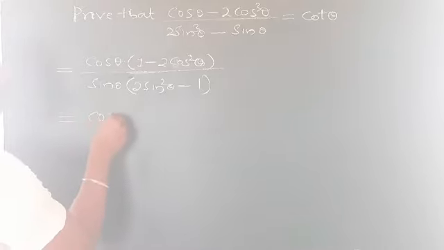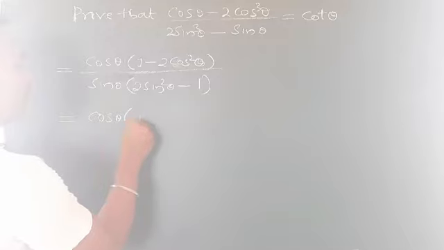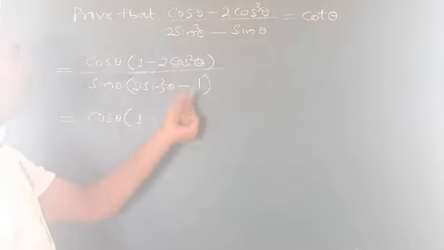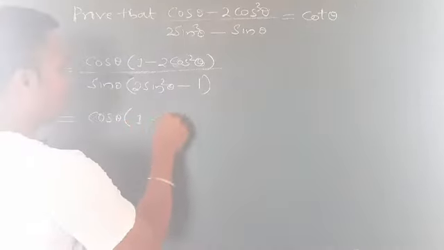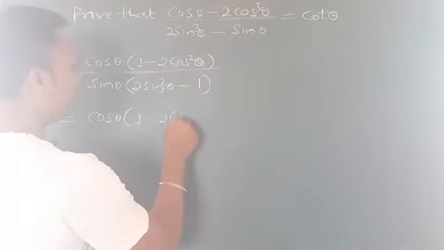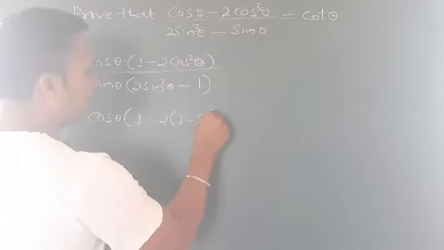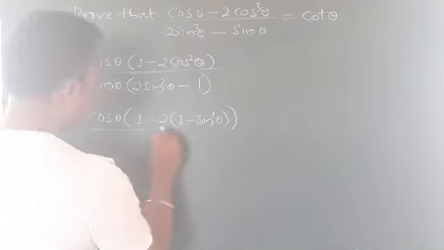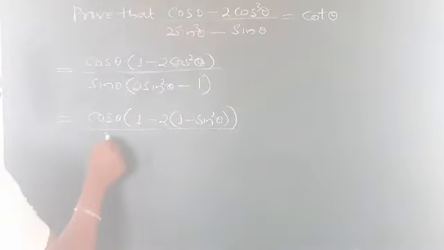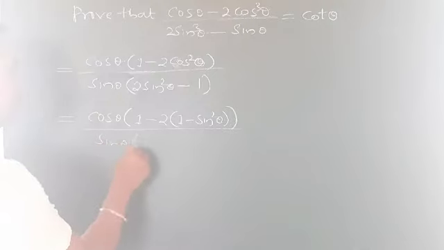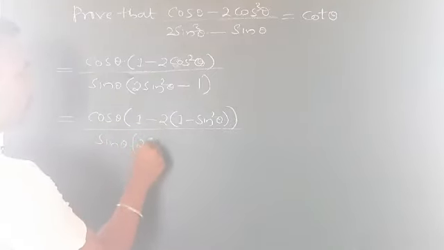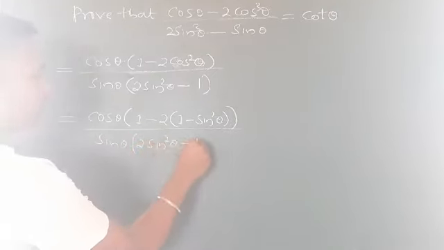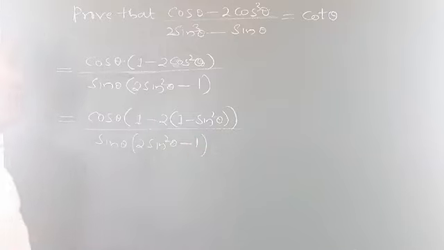So cos theta into 1 minus 2 cos square theta; I'll write the 2 as it is. Now this becomes 1 minus sin square theta. Again we have sin theta as it is, and 2 sin square theta minus 1 as it is.